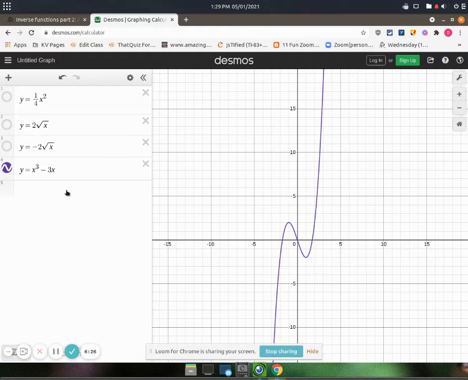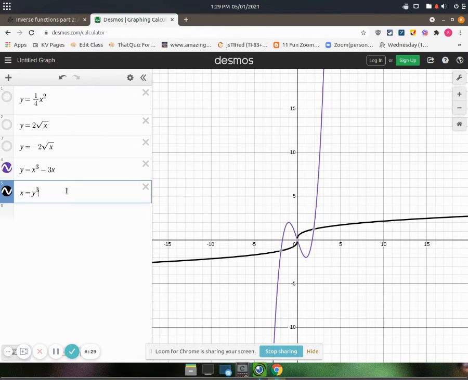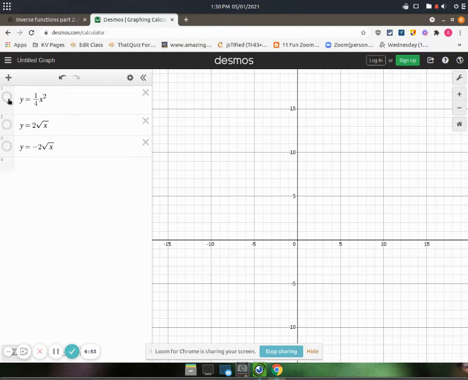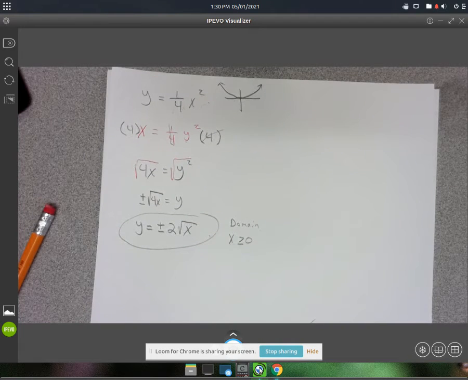And so that means that on the inverse, x equals y cubed minus 3y, there's going to be one x value that corresponds back to 3 different y values. And so this inverse that we just graphed is not a function. Okay, enough of that. So that's the horizontal line test. It says if the original fails the horizontal line test, then the inverse fails the vertical line test.